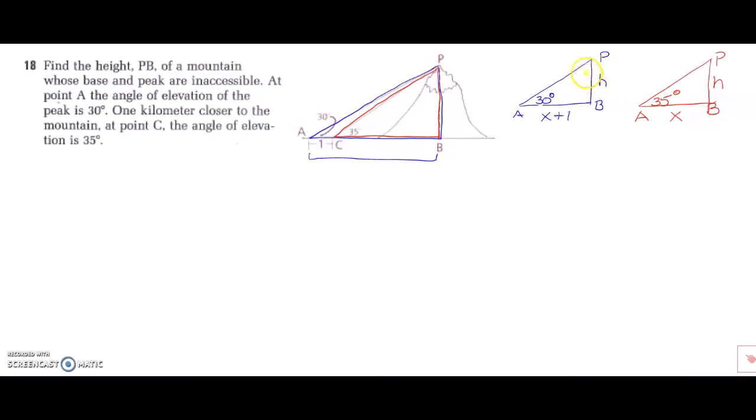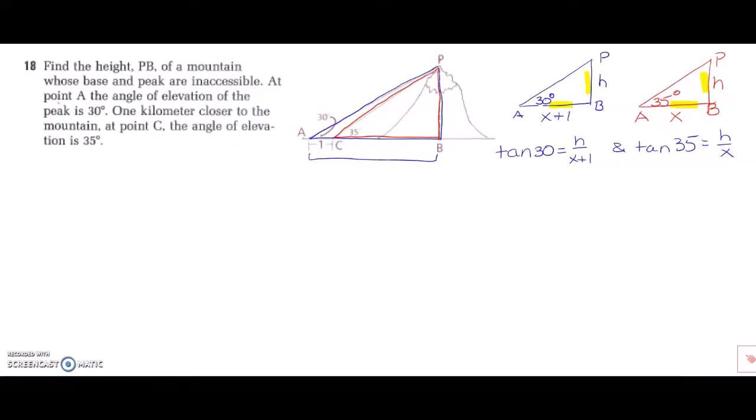And we're looking at, in both cases, the opposite and the adjacent legs, which means we're going to need the tangent function. So the tangent of 30 degrees is equal to h over x plus 1, and the tangent of 35 degrees is equal to h over x.